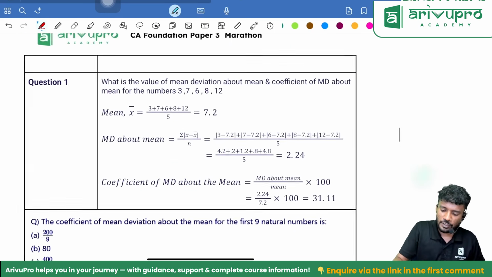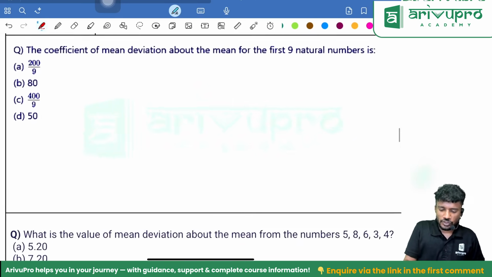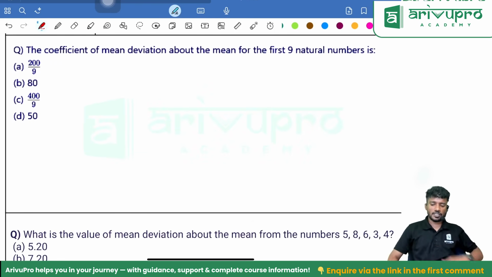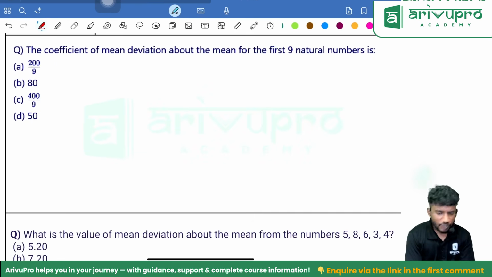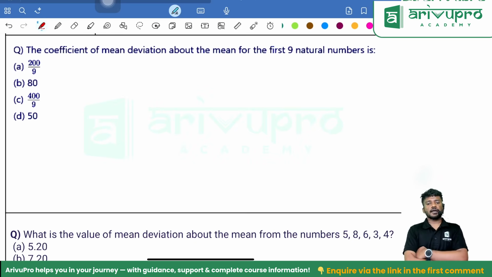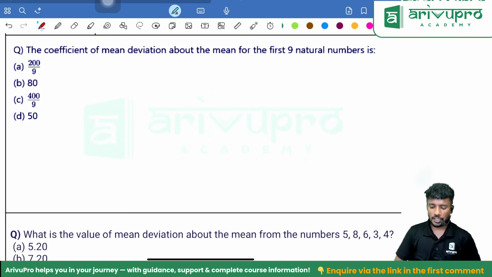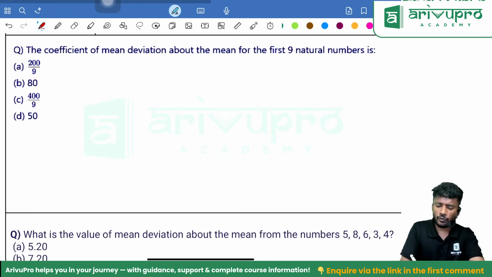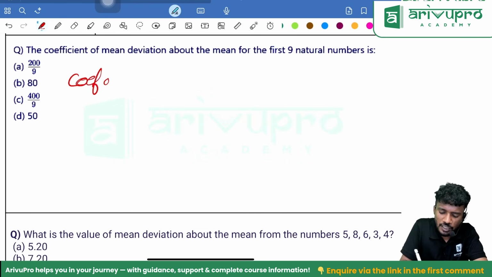Next one, look at this. Coefficient of mean deviation about mean for the first 9 natural numbers. How will you find it? What is the formula for coefficient of mean deviation about mean?